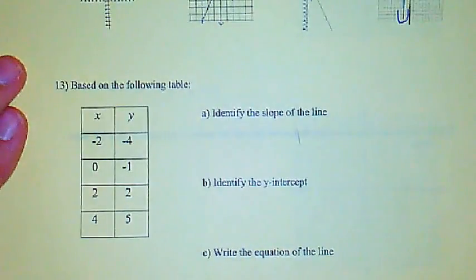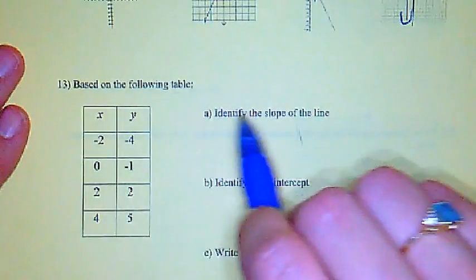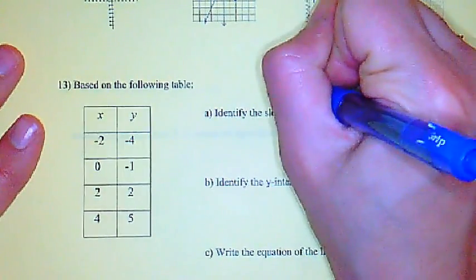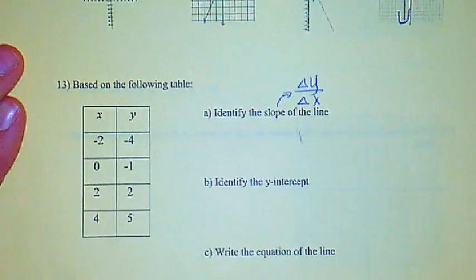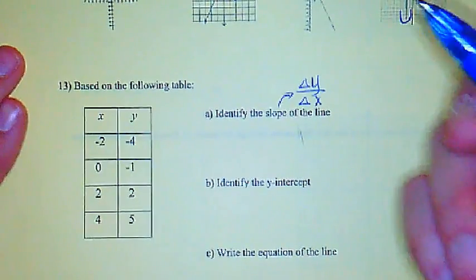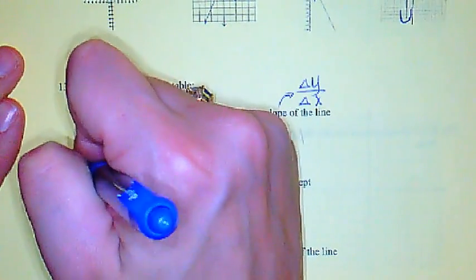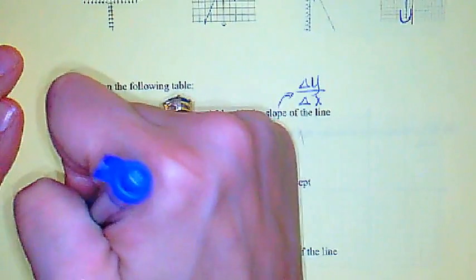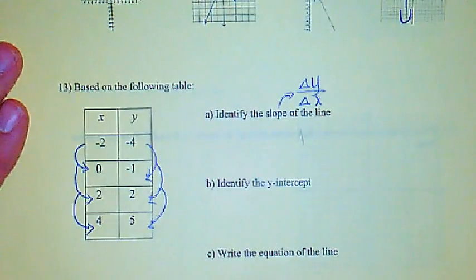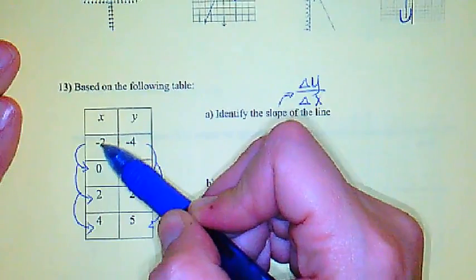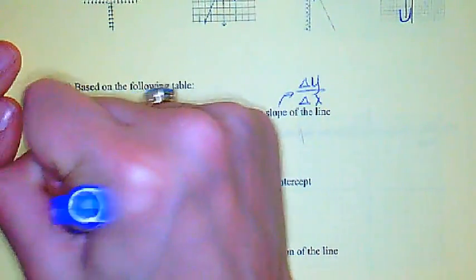Okay, so if I give you a table, remember the slope we can think of as the change in y over the change in x. Okay? So in order to do that, remember, change is like a difference. So I want to go from here and see, remember we drew these little arrows? This is where this would come in handy. Okay? So if I'm going from -2 to 0, I'm adding 2, adding 2, adding 2.